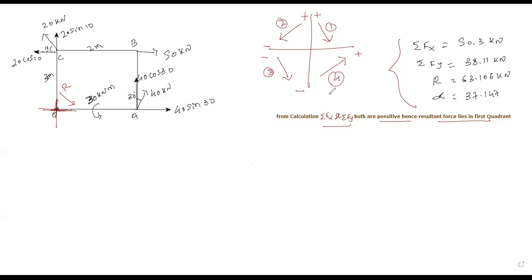Okay, fine. So now our resultant force lies in the first quadrant. Say this distance is d, which is perpendicular to point O. Now, in the statement of Varignon's theorem, something was mentioned, that it is applicable for coplanar concurrent force system only.